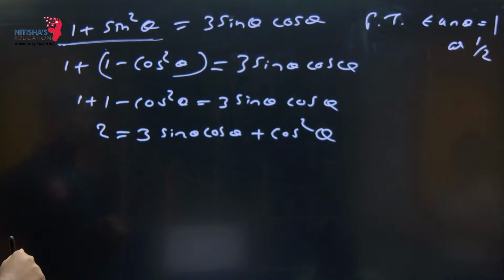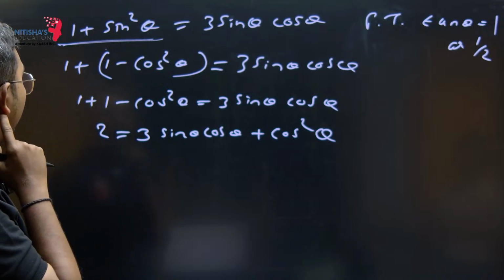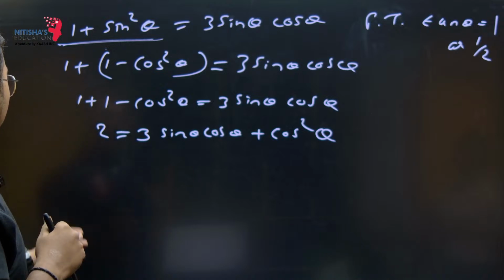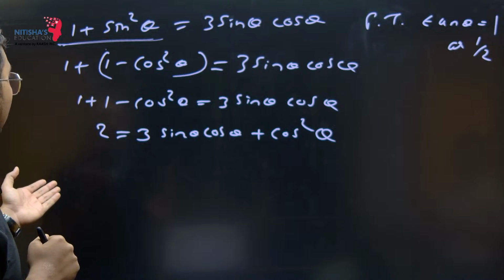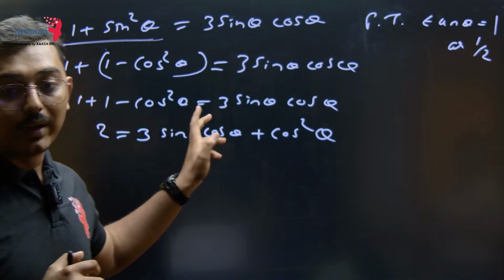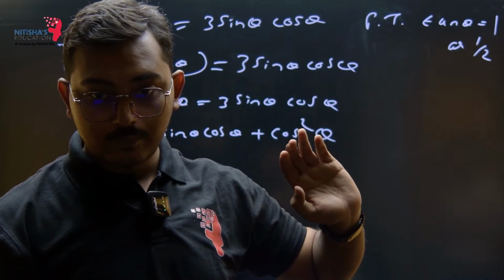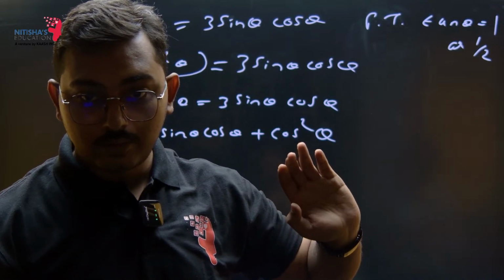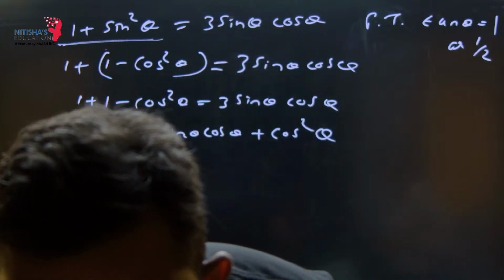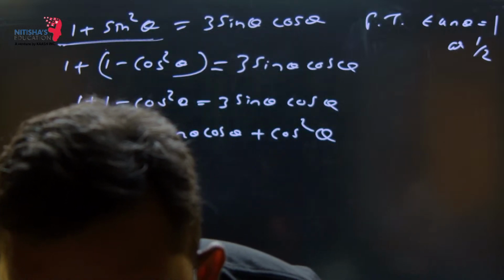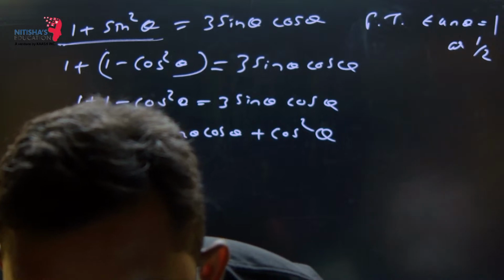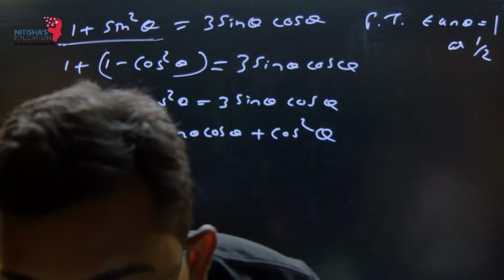Is the question correct? I don't think the question is correct. 1 plus sin square theta is equal to 3 sin theta cos theta, that tan theta is 1 or 1 by 2.